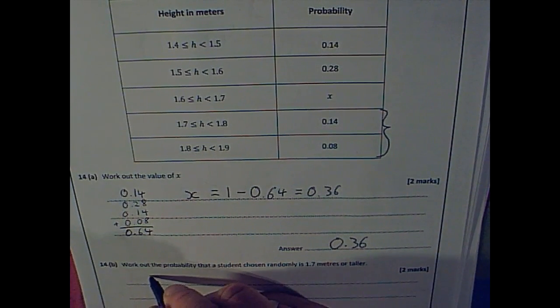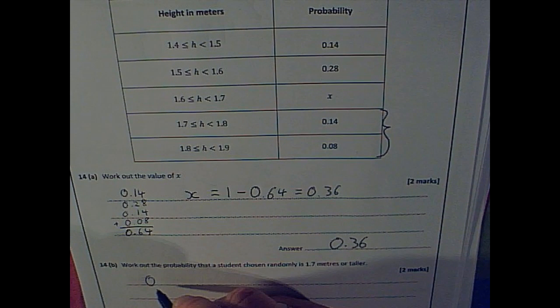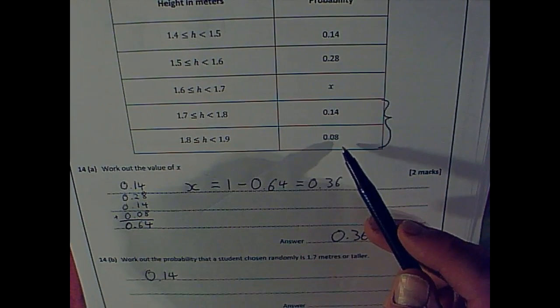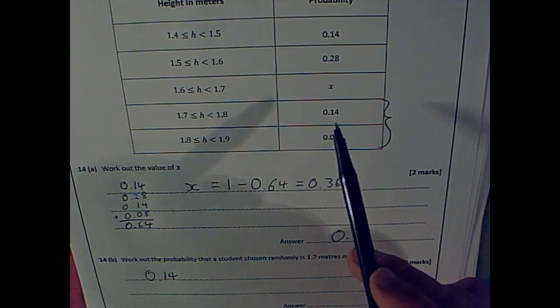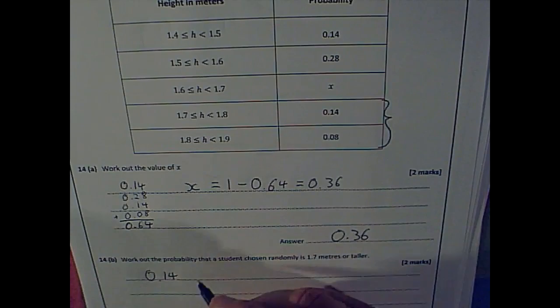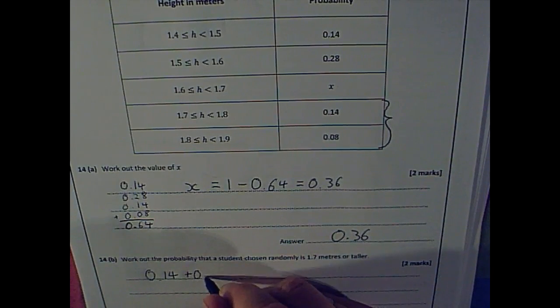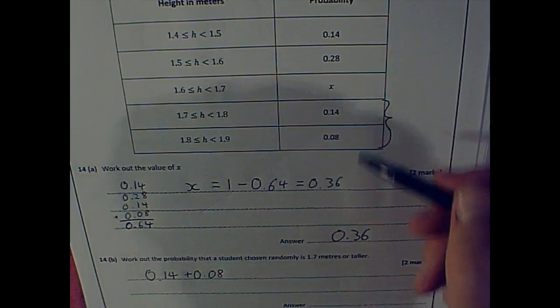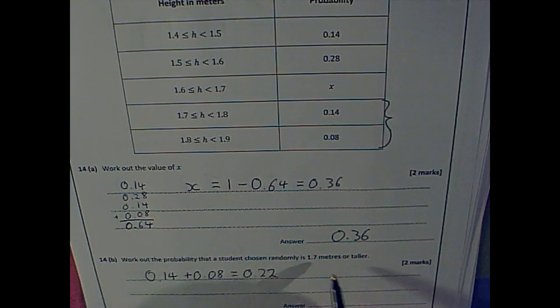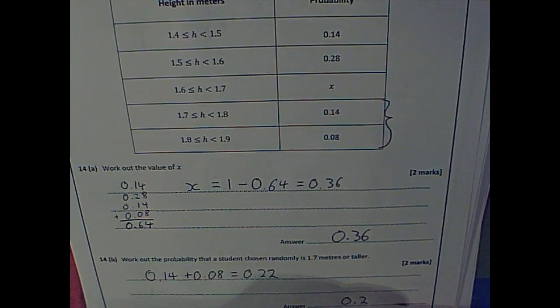And if it's this one or this, I can add those probabilities together. So that gives me 0.14 plus 0.08, which gives me 0.22. That is my probability that a student is 1.7 meters or taller, 0.22.